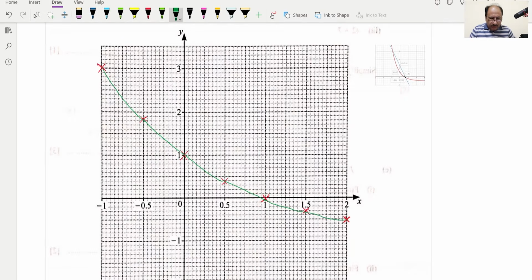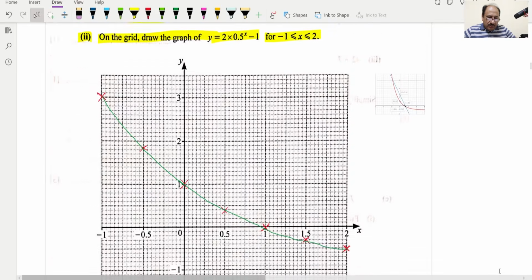Wherever you need rectification, you can rectify, and this part I just want to redraw. It is almost smooth, not perfect but better.